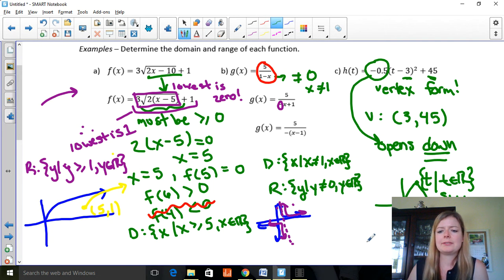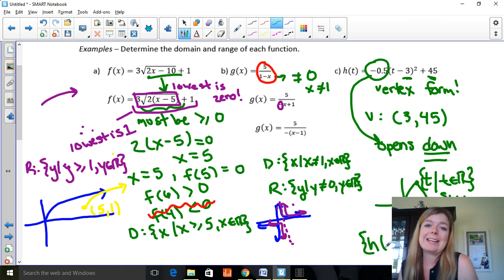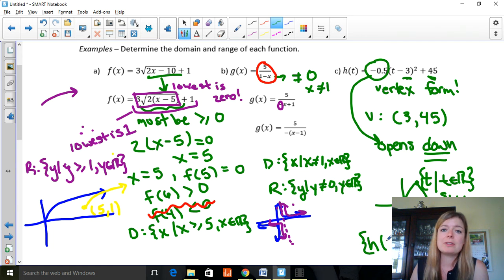Now height for sure has to be less than 45. Now, could height be negative? Well, it depends what height represents. If it's height above the ground and it's a ball, like something that can't dig into the ground, then height would have to be between 0 and with a max of 45, right?